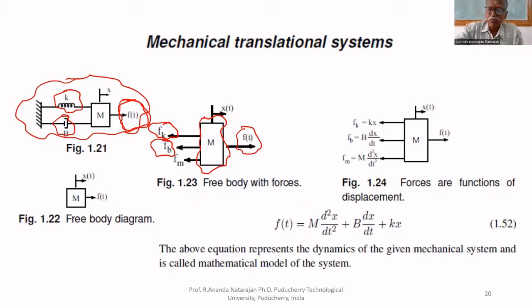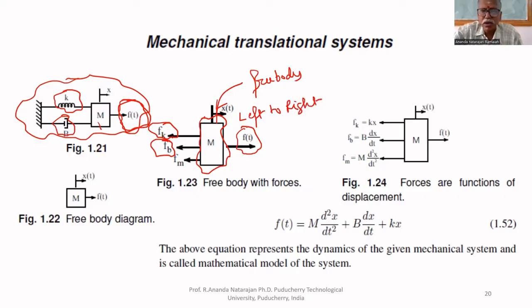First, we have to draw the free body diagram, in which M is taken as the free body. In that, the applied force we have to mark, from left to right.